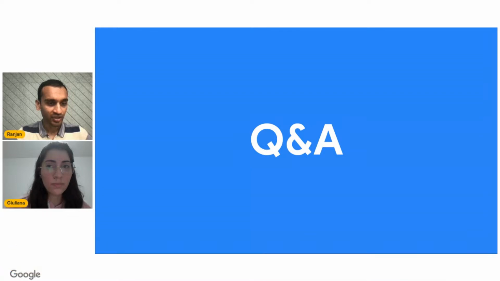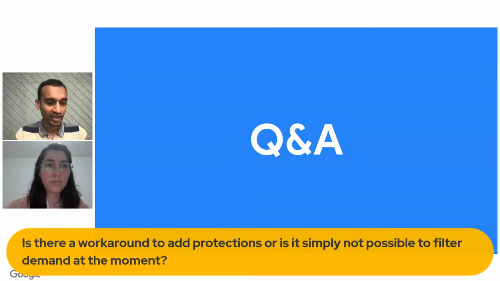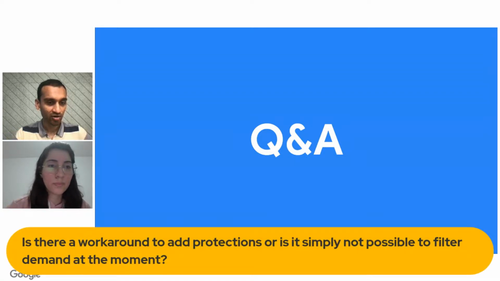Then, is there a workaround to add protections, or is it simply not possible to filter demand at the moment? So again, as we discussed during the presentation, this is being worked on, and it should be available over the next few weeks.